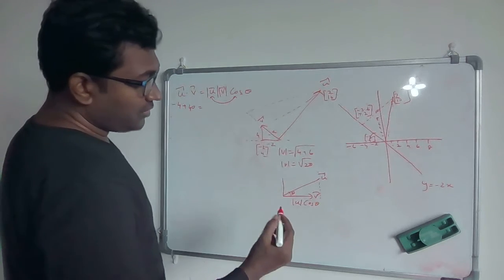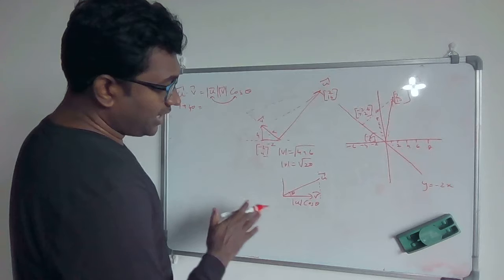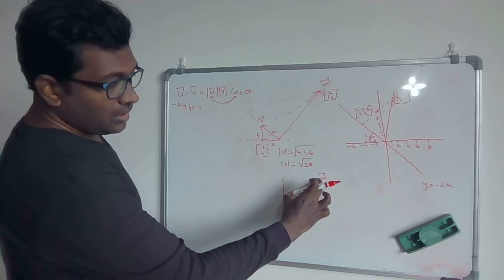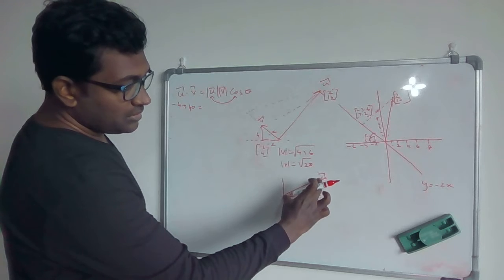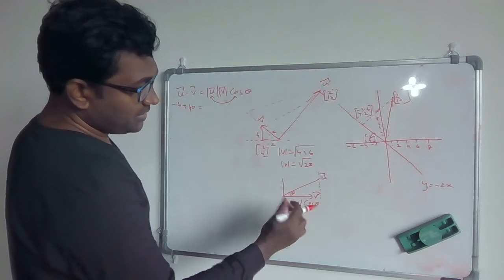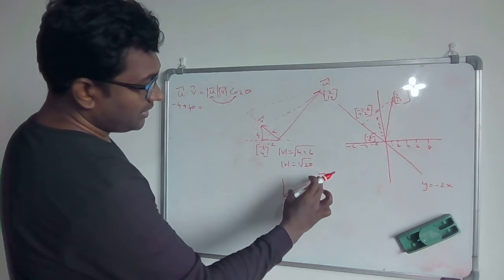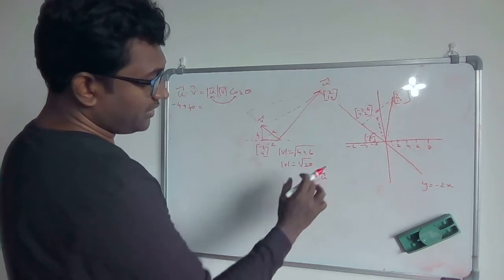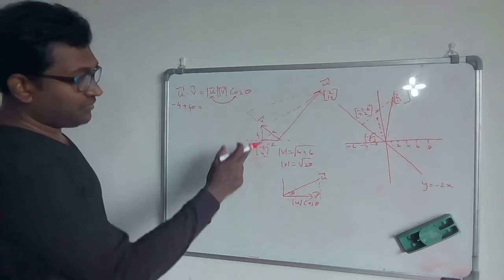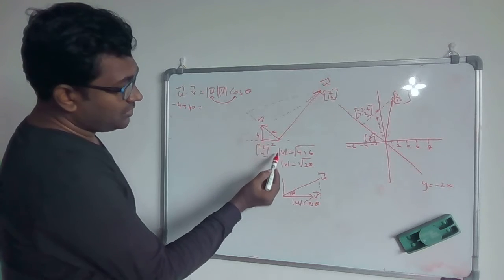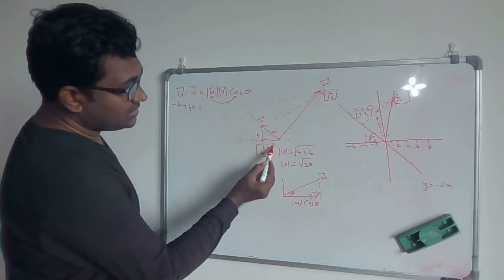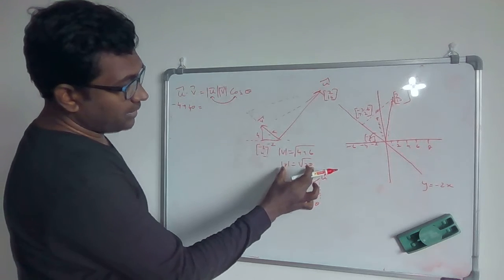As you know, for defining a vector, you need to know the magnitude as well as the direction. If you give the x and y coordinates, you can find the magnitude of any vector, like we found the magnitude of v by using the coordinates minus 2 and 4.